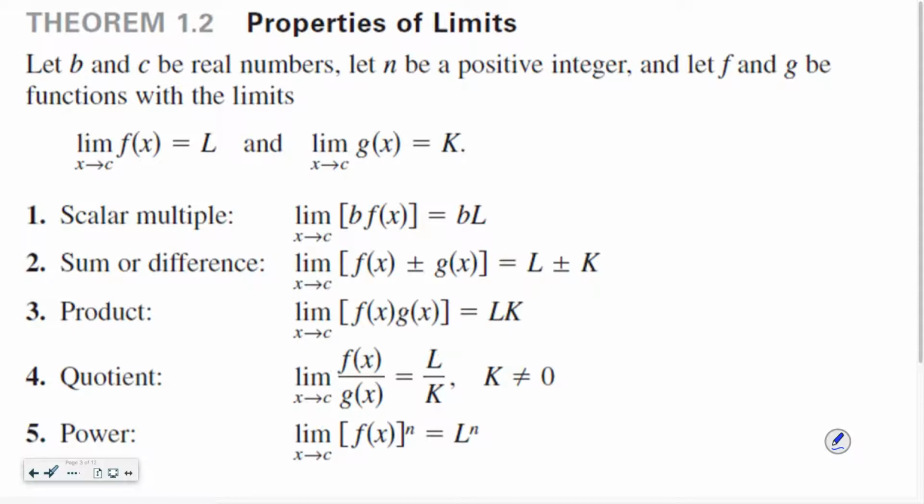All right, so you are going to hear me talk about direct substitution quite often when it comes to analytical limits. And I've sort of already been hinting at it in our basic limits.